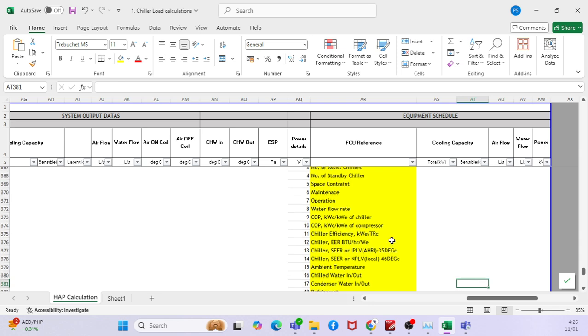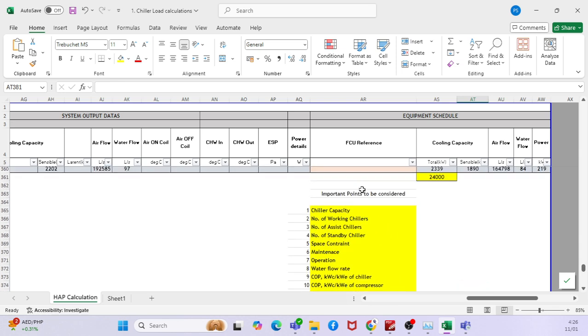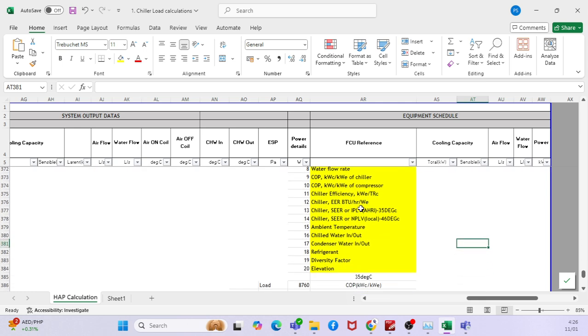So these are the important 20 points to be considered when you do the proper chiller selection.